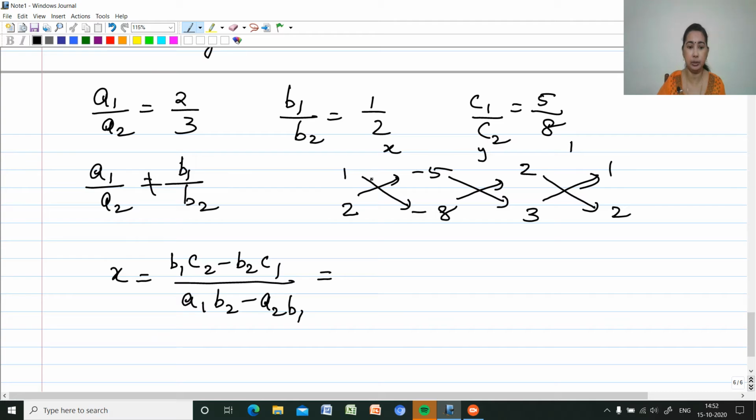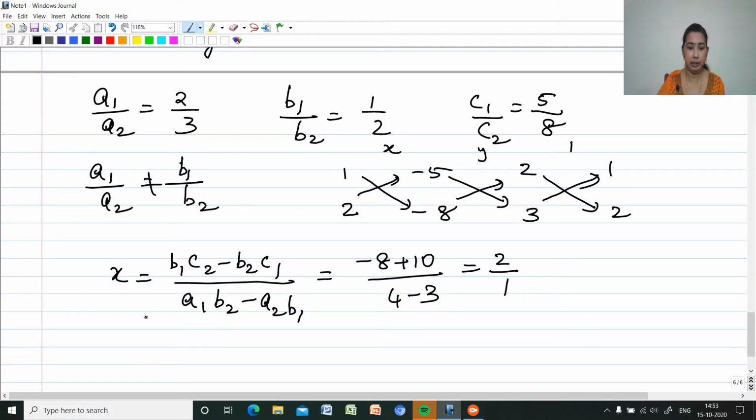Putting the values, this is minus 8 minus of minus 10, that is plus 10, divided by 4 minus 3, and that is 2 by 1. So x is equal to 2.